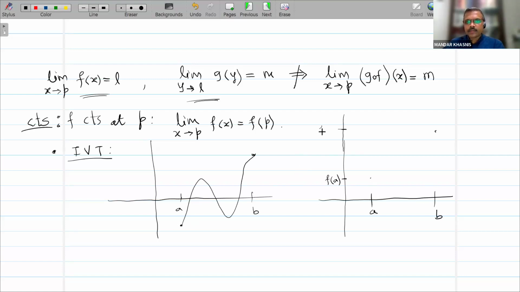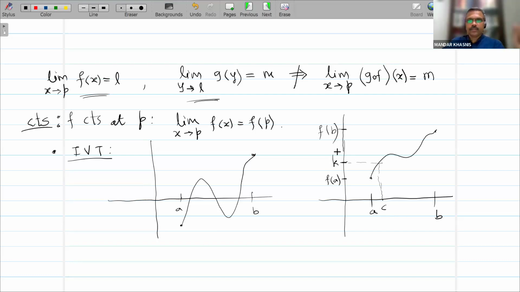F of B is here. Now you take any k between f of a and f of b. Then there always exists some c here such that f of c is k. Why? Because continuity is there, and hence you can always assure that k has an inverse image, at least one.